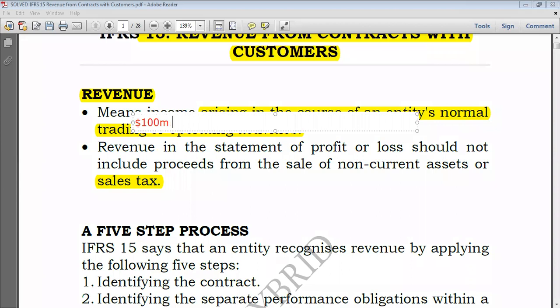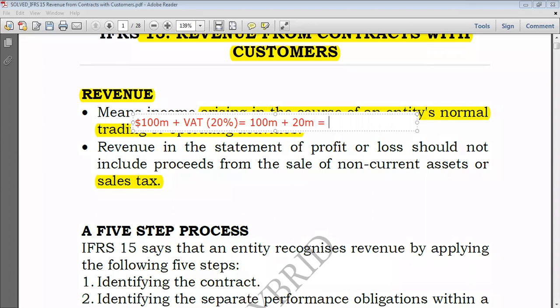But then you have to charge tax. That is VAT, sales tax or VAT, value-added tax. Let's say you charge a value-added tax of 20%, and this is just an example. If you add a value-added tax of 20%, what would be your amount? You would have 100 million here, and then you would plus 20%. 20% of 100 million equals to 20 million.